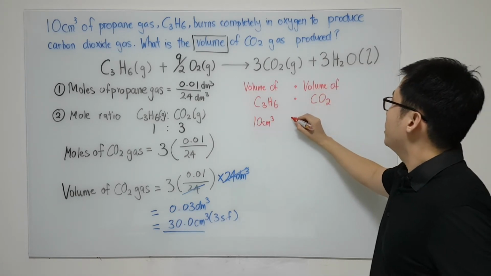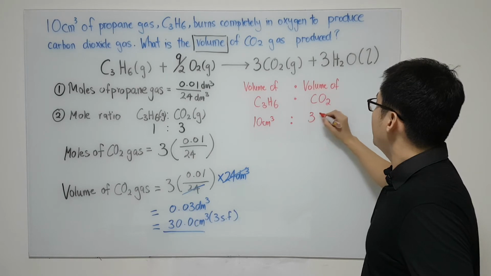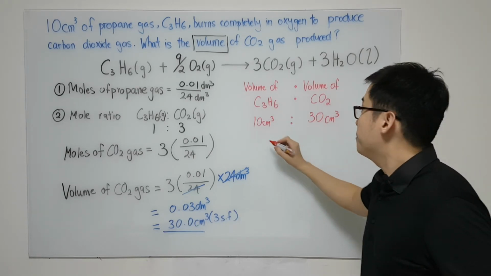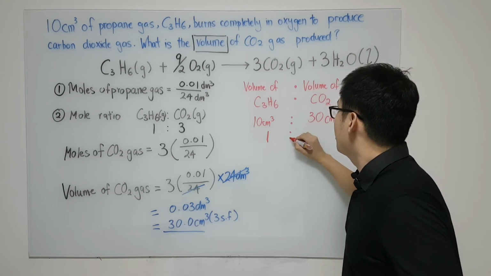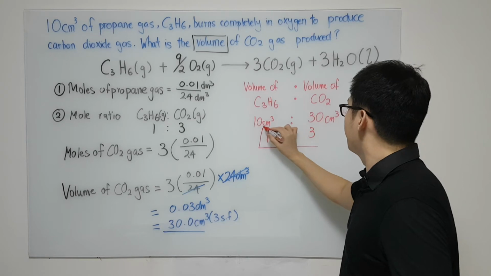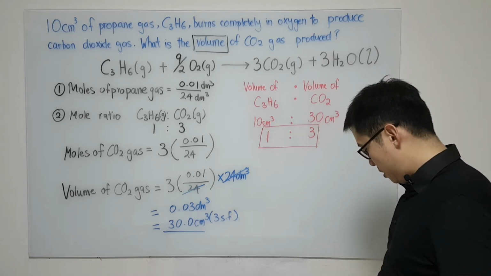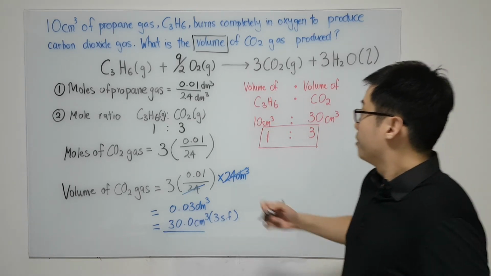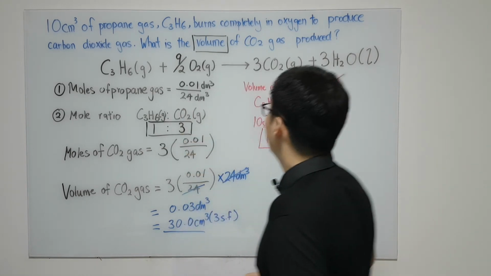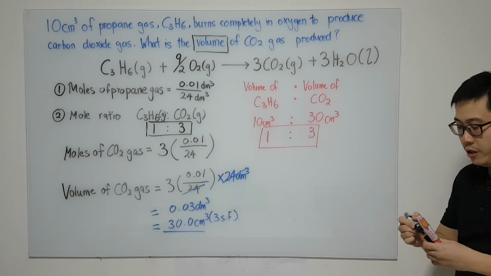And this volume here is also equal to 30 cm cube. Once I reduce this to simple terms, it becomes 1:3. Now, students, this number here and this number here, you'll find that they are actually the same.